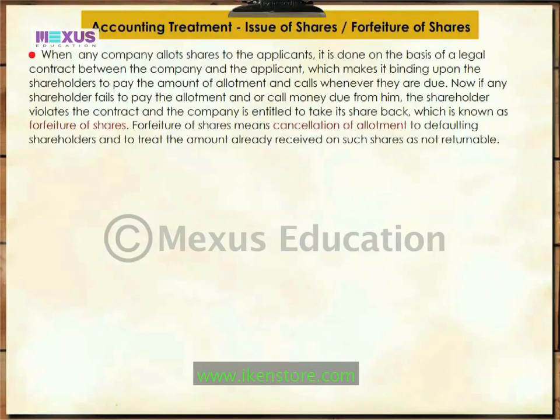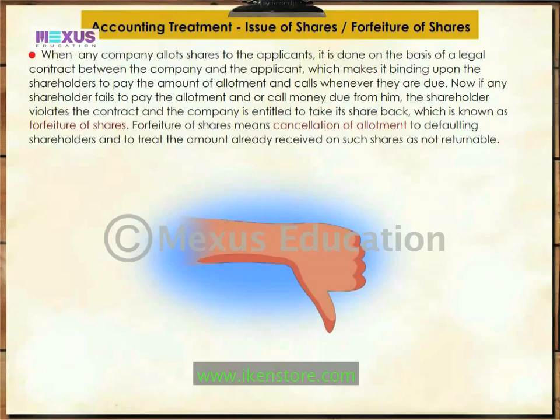Now, if any shareholder fails to pay the allotment and/or call money due from him, the shareholder violates the contract and the company is entitled to take its share back, which is known as forfeiture of shares. Forfeiture of shares means cancellation of allotment to defaulting shareholders and to treat the amount already received on such shares as not returnable.